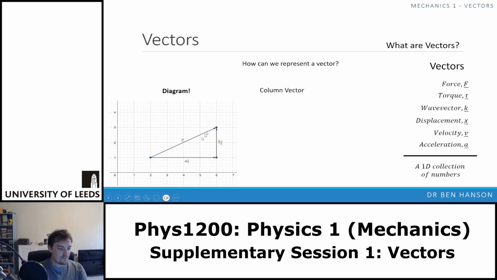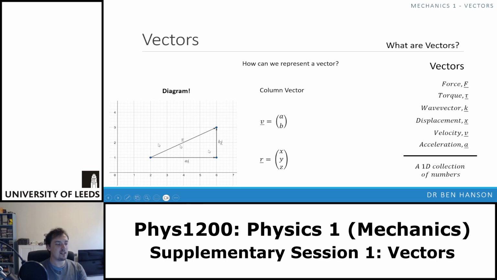We can say that V, the vector, is A in that direction and B in that direction. A in the X direction, represented by the vector I, and B in the Y direction, represented by the vector J. And so we can just write that as a column vector, right? A, B. A, B, kind of like coordinates, but a bit different.